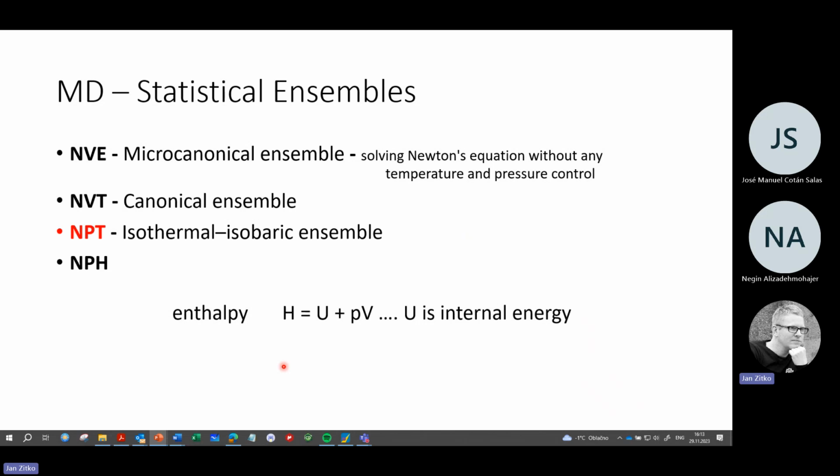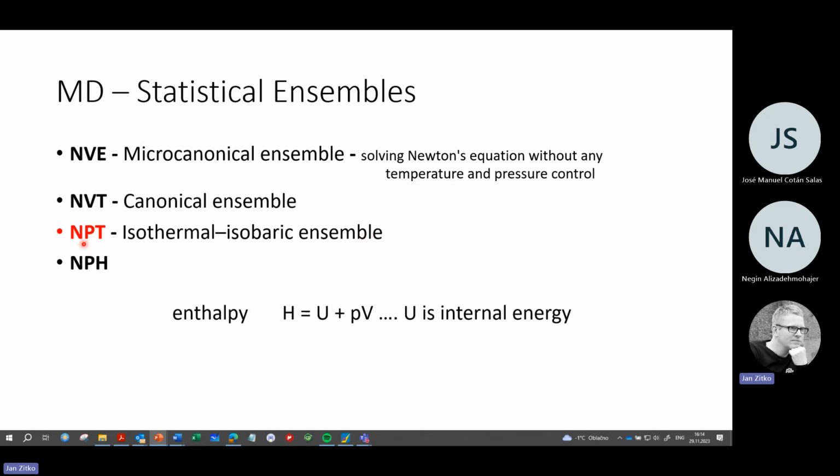Okay, so now let's talk about how the MD is computed. Let's talk about the so-called statistical ensembles. For a real system, we most often use the so-called NPT ensemble, also called the isothermal-isobaric ensemble. That's for the production stage of real systems.